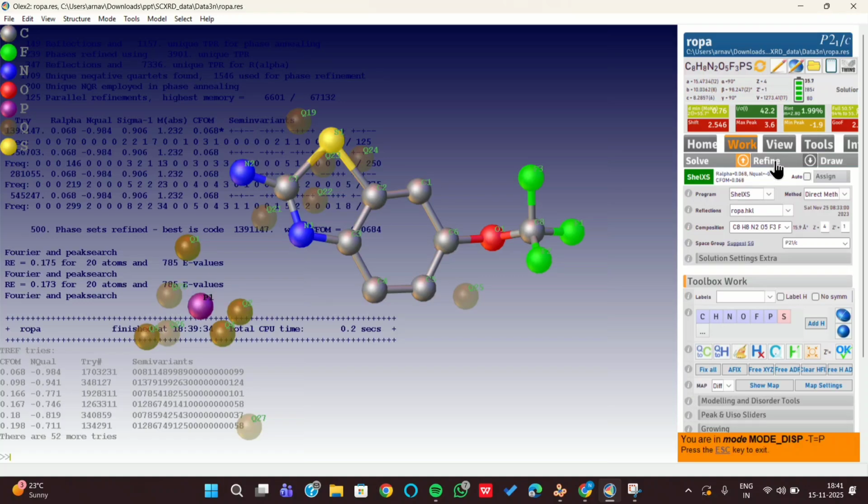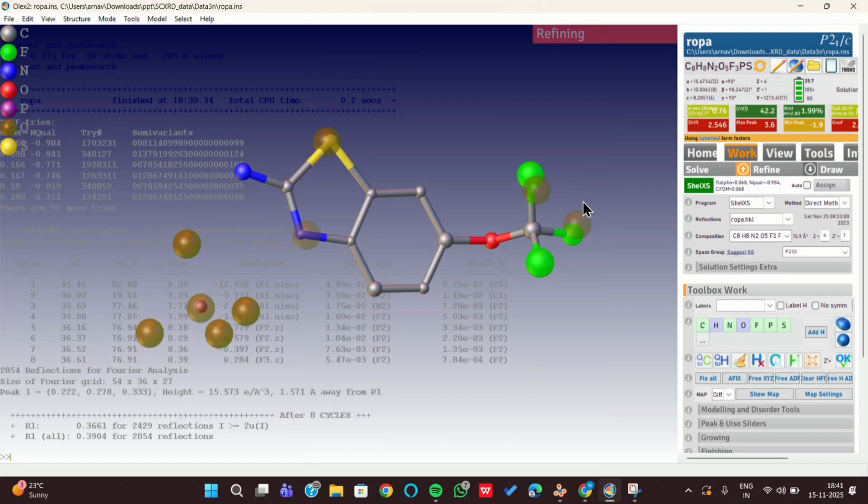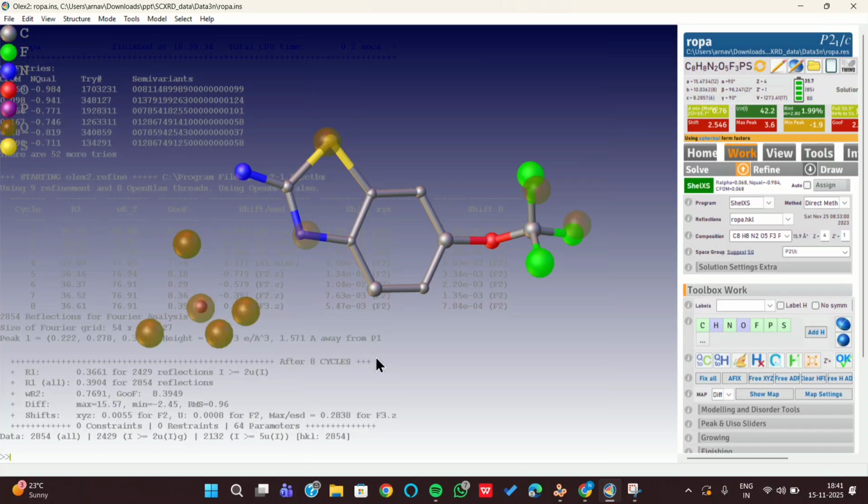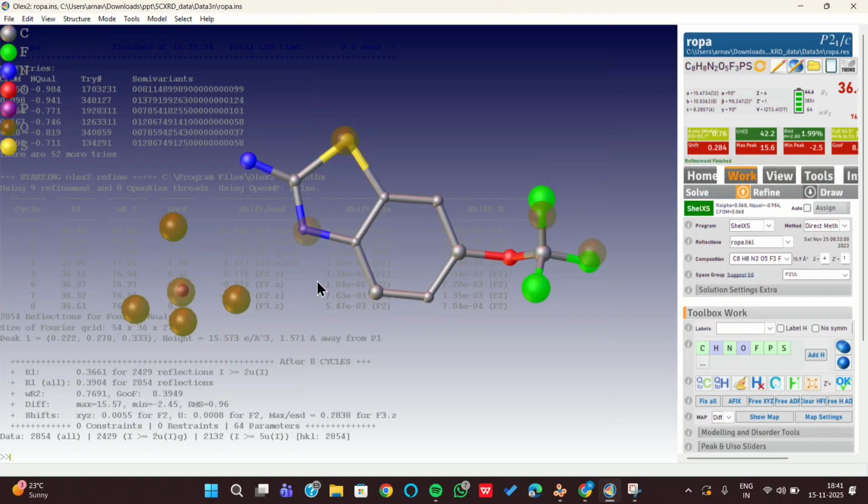Now we will refine the structure, and after refining we can see there are four atoms which we can assign as oxygen. Now we can again refine it.